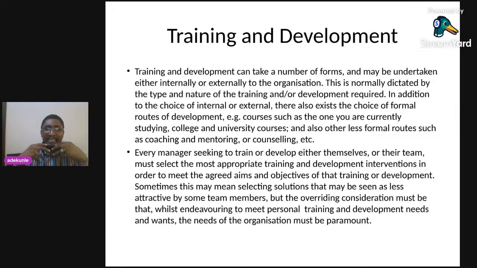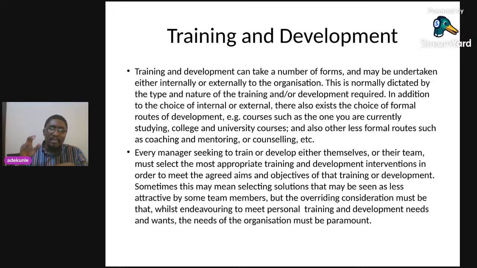Sometimes this means you want to select solutions that have been seen as less attractive by some team members, but sometimes you're looking at overriding considerations while meeting their personal training and development needs. And all these are actually paramount.